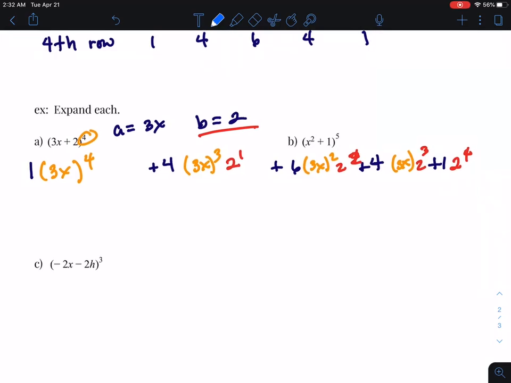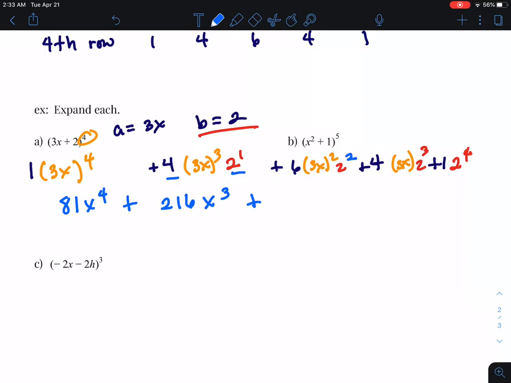Okay, last part, just cleaning this up. 3 to the 4th, that's 81. So we have 81x to the 4th plus, we got 2 times 4 is 8, 3 to the 3rd is 27. So that's going to be 216x to the 3rd plus, and this is 2 squared, so it's 4 times 6, 24. 3 squared is 9.